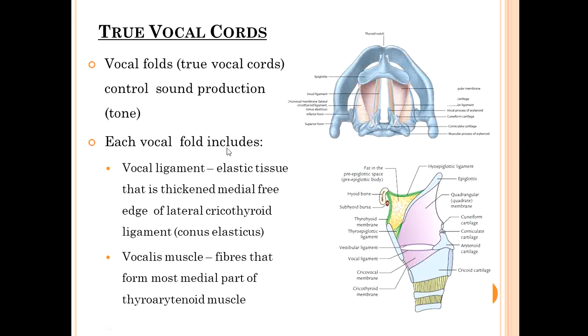Each vocal fold includes a vocal ligament and a vocalis muscle. The vocal ligament is elastic tissue that is the thickened medial free edge of the lateral cricoarytenoid ligament. Vocalis muscles are the fibers that form the most medial part of the thyroarytenoid muscle. So here you are seeing the true vocal cords or vocal folds.